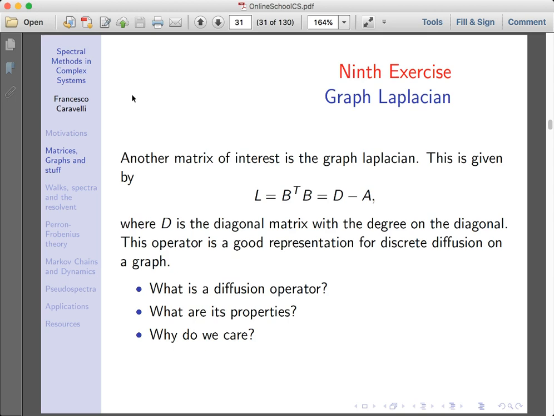Another thing you can do, given the adjacency matrix or the incidence matrix, is define one key object in graph theory, the graph Laplacian. The graph Laplacian can be defined as the equation on the slide, and this implies that there are two equivalent definitions.